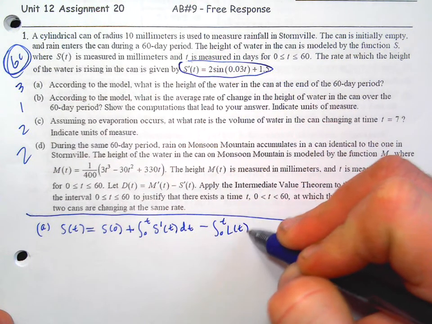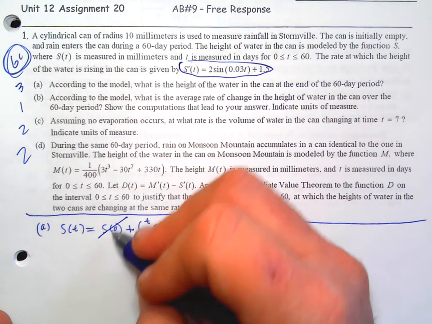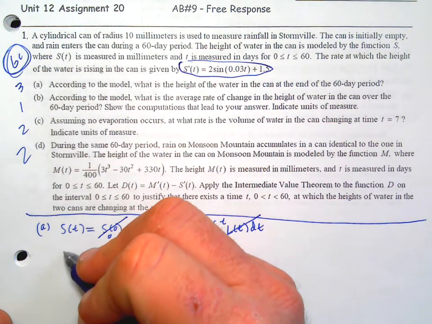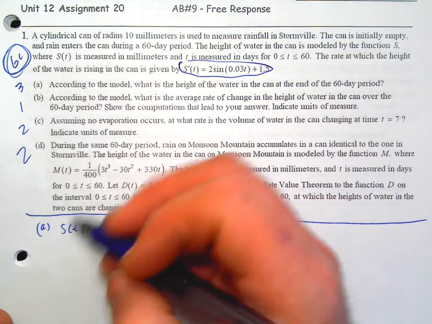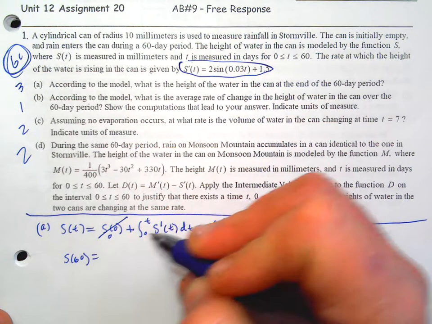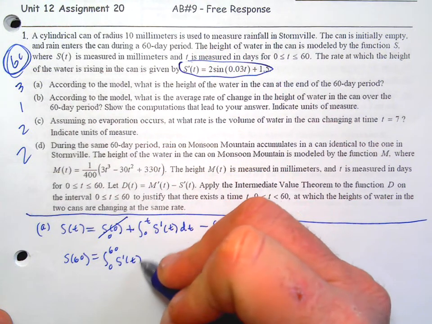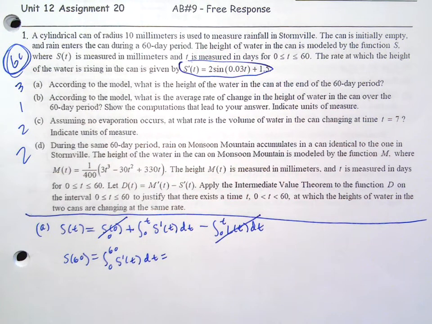There is no leaving amount. Rain is falling in. There is no initial amount. It's 0. So if you want to know S(60), it's just the integral from 0 to 60 of S prime t dt. And we can just do that on our calculator.